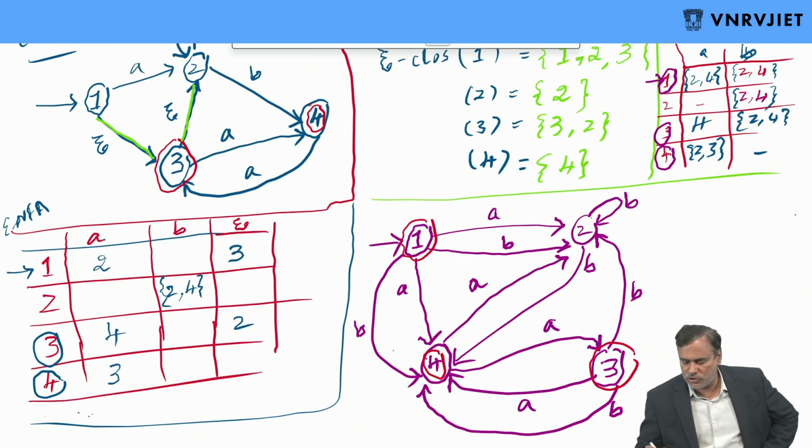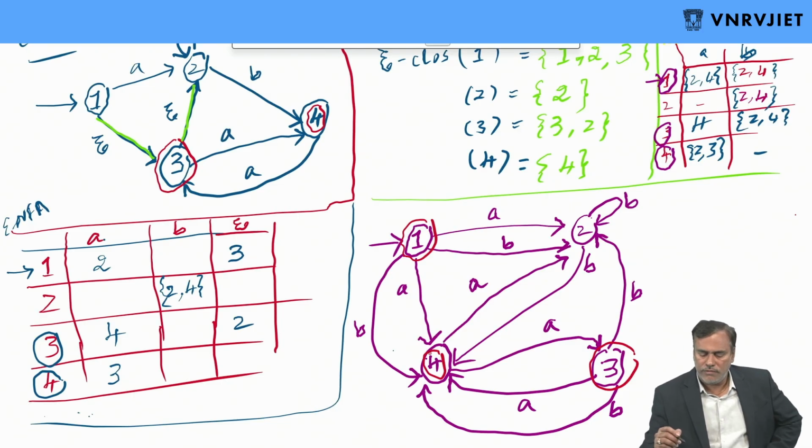Then that B must also be accepted by this NFA. How? From 1 on B, you have the transition to state 4 itself, and 4 is a final state. I think you have clearly understood. So whatever string is accepted by this epsilon NFA is going to get accepted by this NFA.